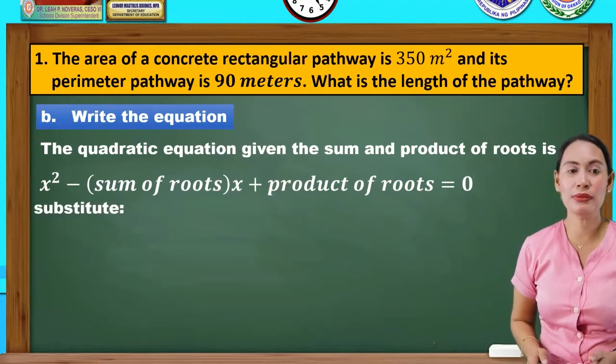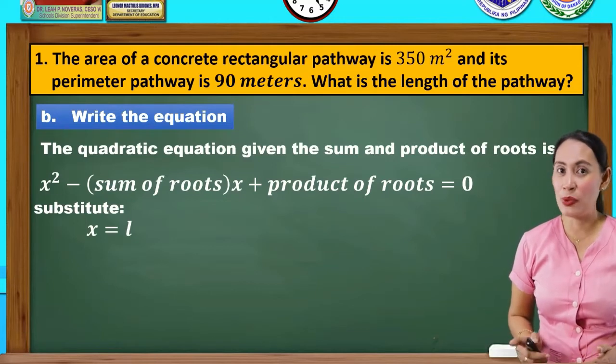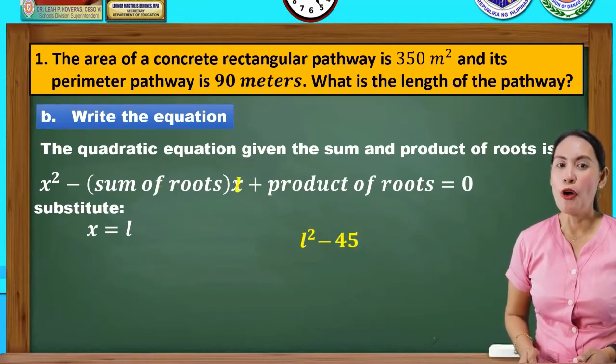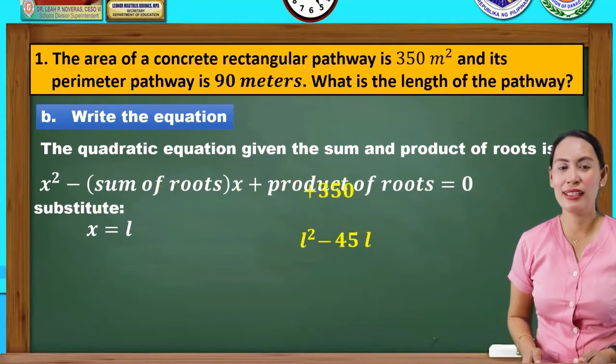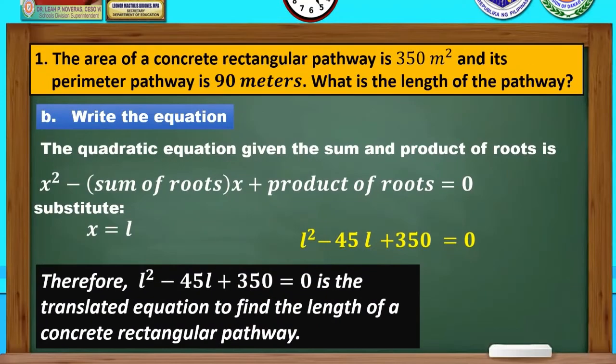Then substitute x equal to L. So the equation is L squared minus 45L plus 350 equals 0. Therefore, L squared minus 45L plus 350 equals 0 is the translated equation to find the length of a concrete rectangular pathway.